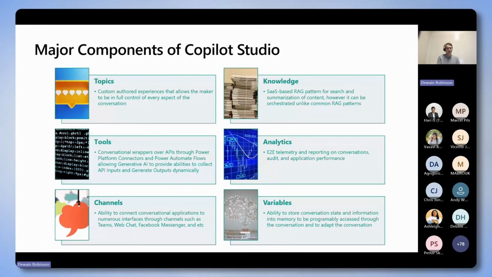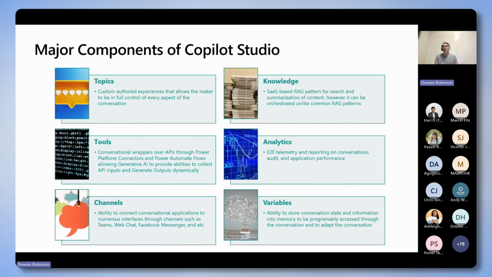Then we move to variables. And a lot of people confuse variables with memory of an AI model. Variables are different. Variables are where we store things into what we call the conversation state. What that is doing is I can load data in for reuse later on, and then I might even be able to move things around and change the way that I'm orchestrating the conversation based upon something that's in a variable.